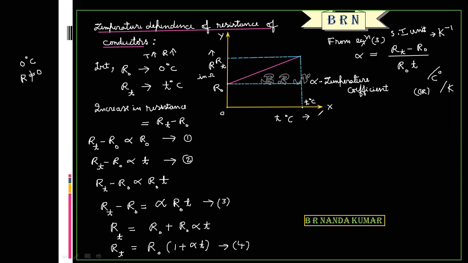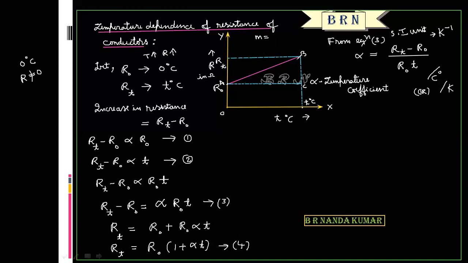Actually, as the temperature increases, resistance increases linearly, but the line does not pass through the origin. At 0 degrees Celsius, the resistance of the conductor is not equal to 0; this is the value of R naught. Now here we have to find the slope. Let's consider these points as A, B, C. Slope is the ratio of vertical distance to horizontal distance between any 2 points on a straight line.